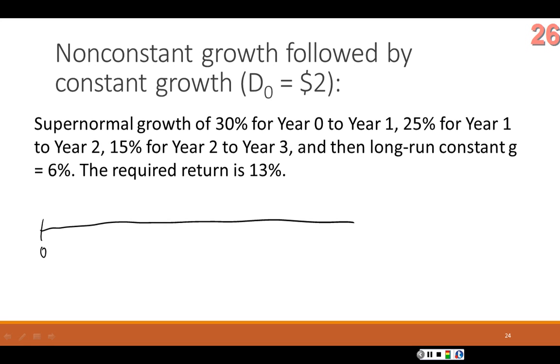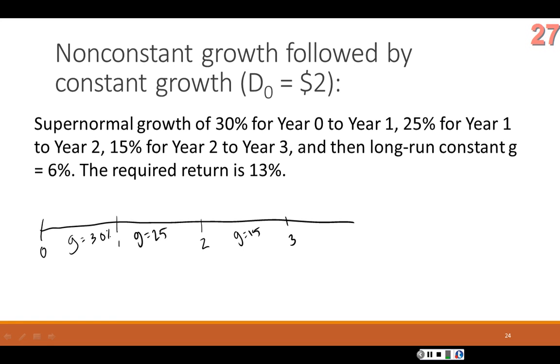From time period 0 to time period 1, we anticipate a growth rate of 30%. From time period 1 to time period 2, we have a growth rate of 25%. And from time period 2 to time period 3, we anticipate our growth rate to be 15%.